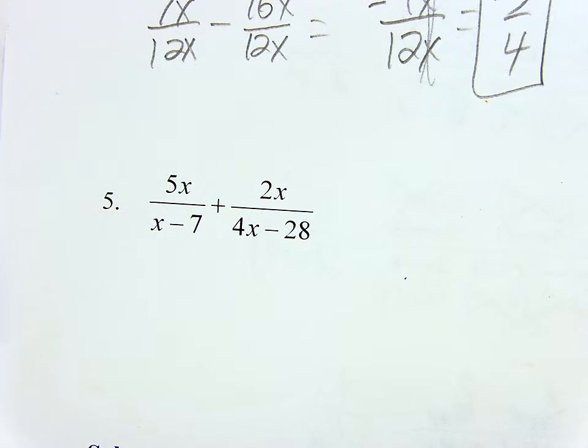Okay, now 5 is a little bit different. Basically, if you have any denominators, I'm only concerned about denominators here. If there are any denominators that can be factored, you should factor them.